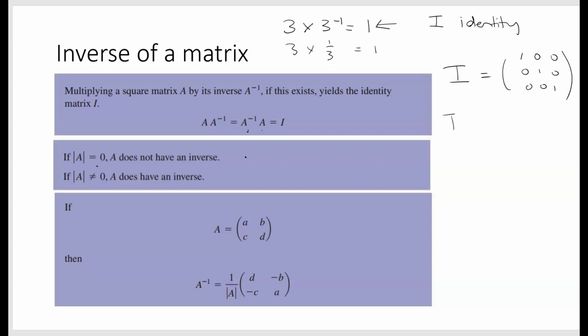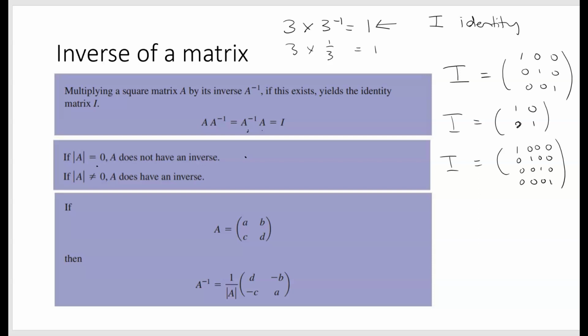But it can also be just 2 by 2, or it could be 4 by 4. We make it as big as we need to.